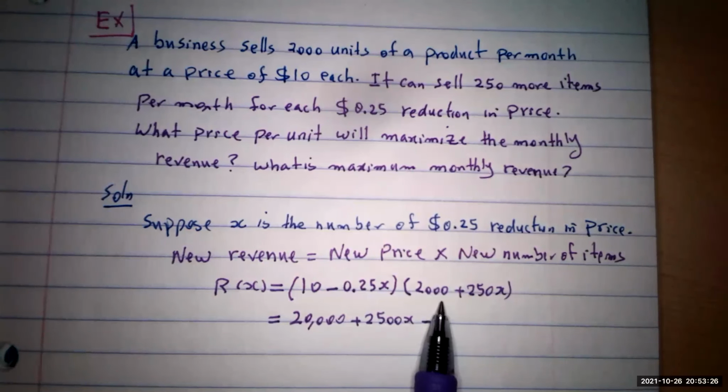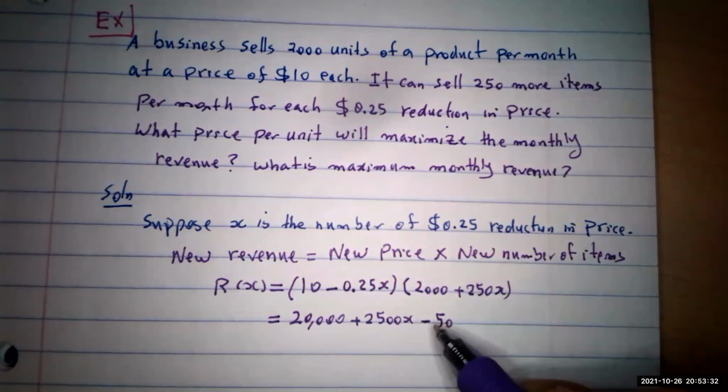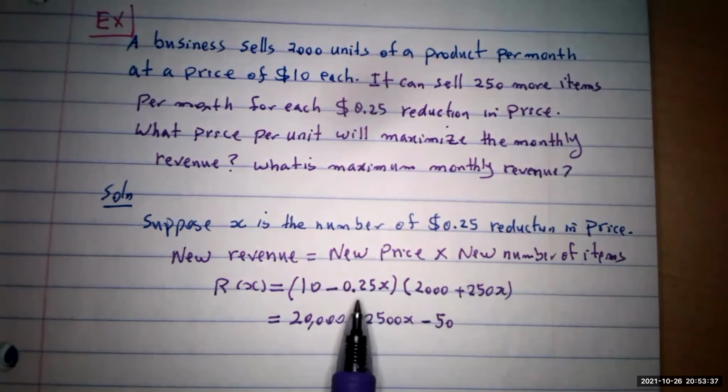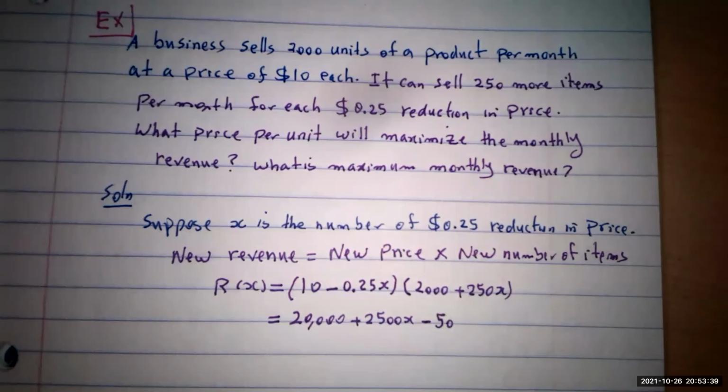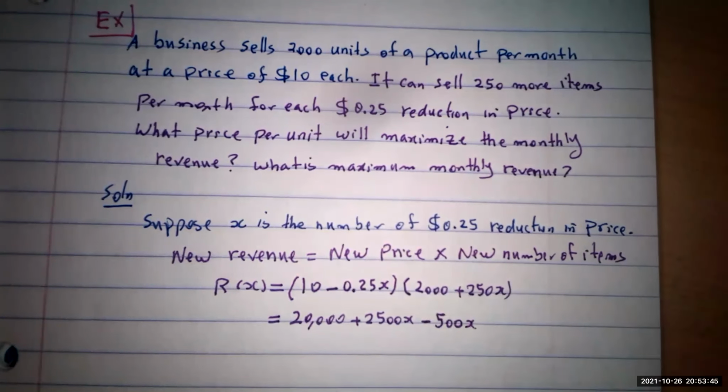We have 3 zeros, so it's going to be 500. So that gives me 2 times 0.25, 0.5, it's going to be 500x.